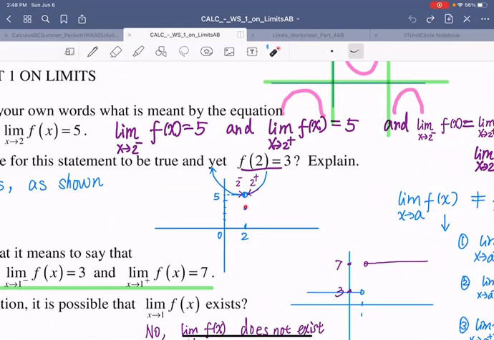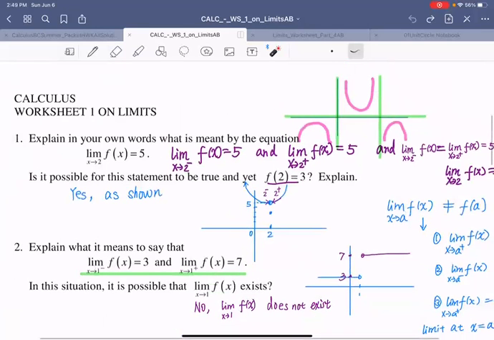The limit, yes, it exists. The limit is this 5, but the function at this location equals 3. So this function is called discontinuous.